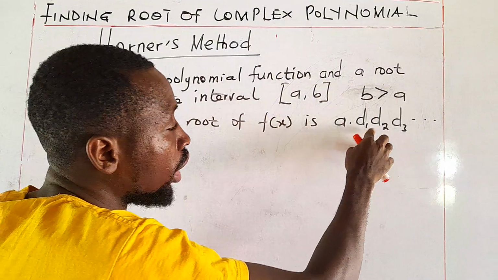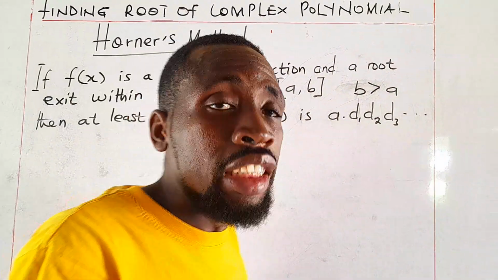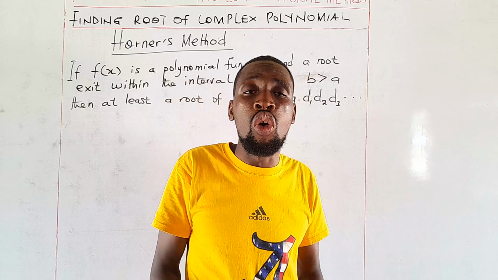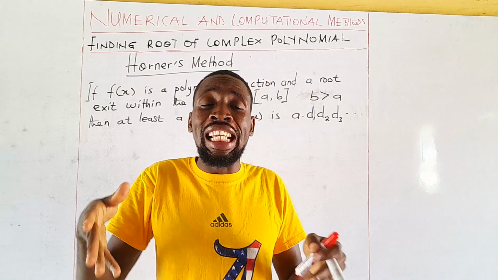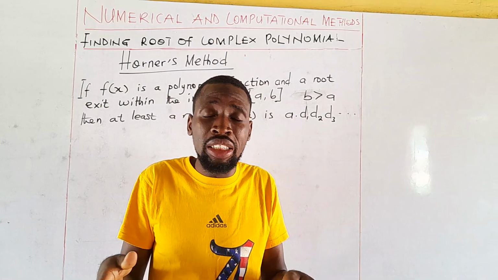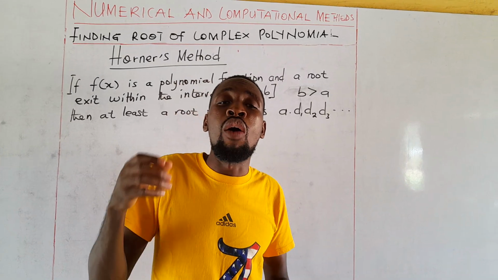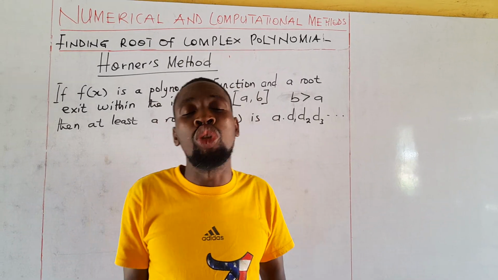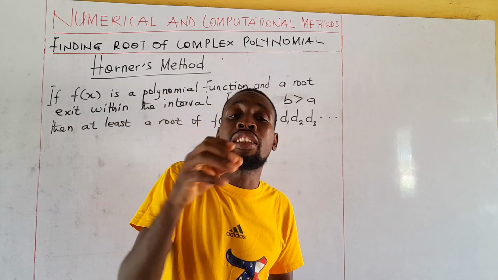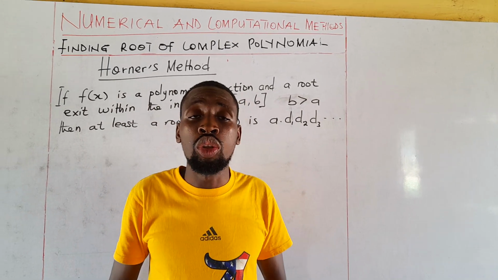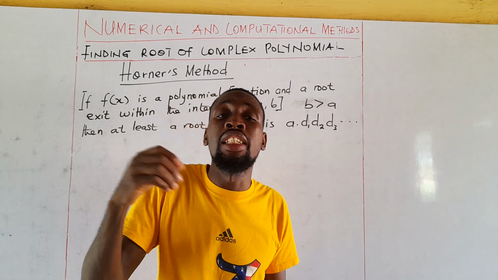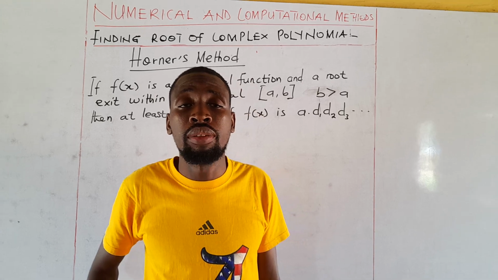What is that d1, d2, d3? The d1, d2, d3 are gotten from the subsequent intervals we get from our transformed new equations. How do we find those transformed new equations? We take some sample equations and see how we put that into practice.